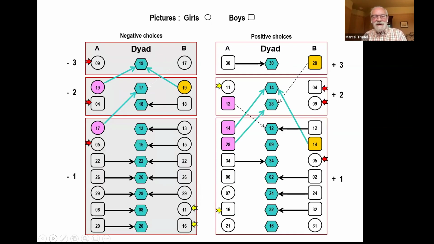Next, please. So I look at this dyad, and you see the link between each evaluation and the dyad evaluation, which photos are moving a lot, or where there's a disagreement, and so on, for both negative and positive choices. Just to show you how I work. Next.